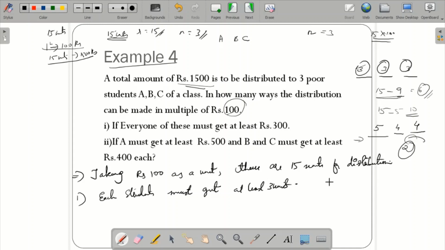Then let us first distribute this. So let us distribute 3 units to each of the 3 students.